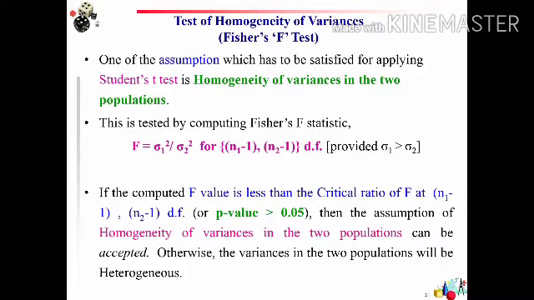Here, the test statistic F value is less than the critical ratio, so we do not reject H0. The null and alternative hypotheses for Fisher's F test are: H0, that the variances of the two populations are equal, that is sigma 1 equal to sigma 2, against the alternative hypothesis, sigma 1 not equal to sigma 2. So if the F value is less than the critical ratio, we do not reject H0. That is, we assume there is homogeneity of variance in the two populations. Otherwise, the variances in the two populations will be heterogeneous.